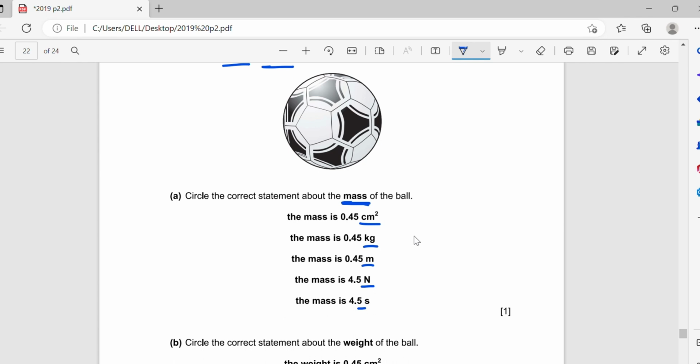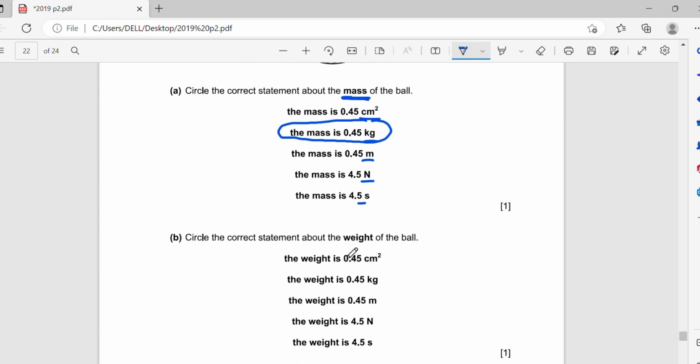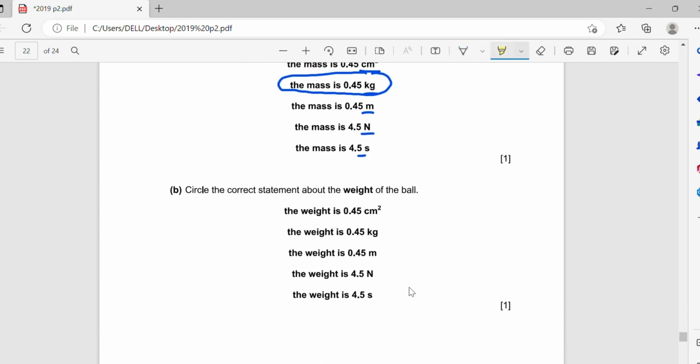Mass is measured in kg, so the mass is 0.45 kilograms. Next, circle the correct statement about the weight. Weight is measured in newtons. So the correct answer is the weight is 4.5 newtons. The question is very easy.